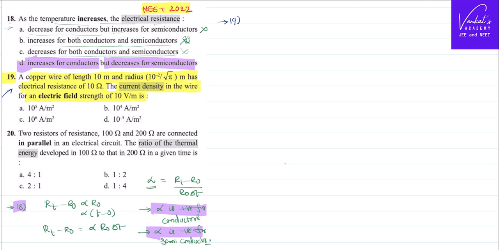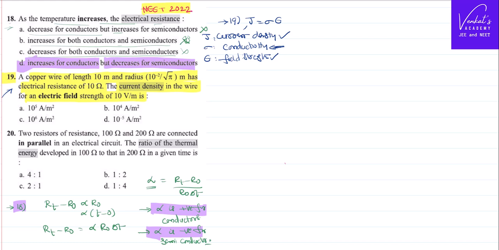The current density, represented with the letter J, is sigma into E, where J is current density, sigma is electric conductivity, and E is electric field strength or electric intensity. Here we have to find the current density, and the field strength is given.